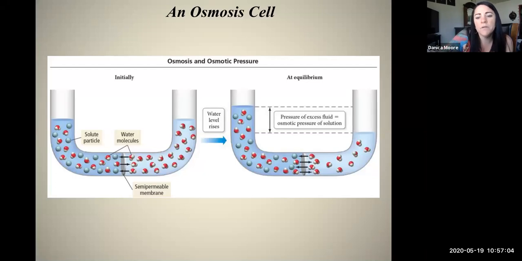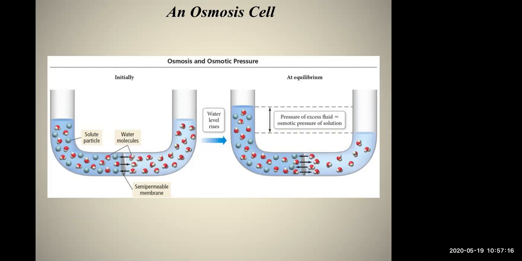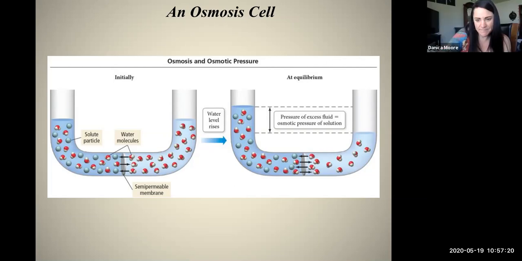Now, where would you find a biological example of something like this? A semi-permeable membrane. Your plasma membrane? Yeah, how about cells, right? Cells are basically contained in semi-permeable membranes, and a lot of the action that happens in the cell is determined by the concentration of ions in the cell.